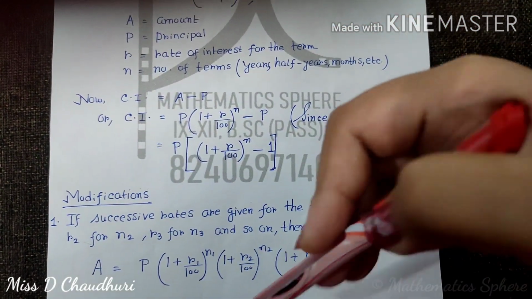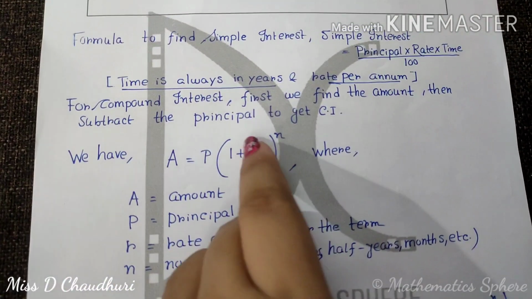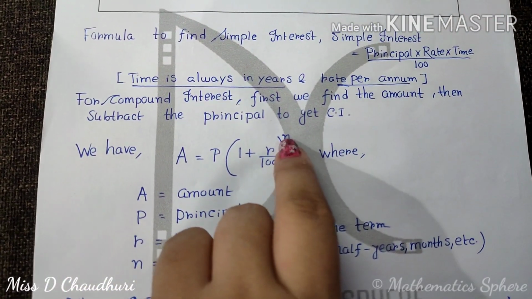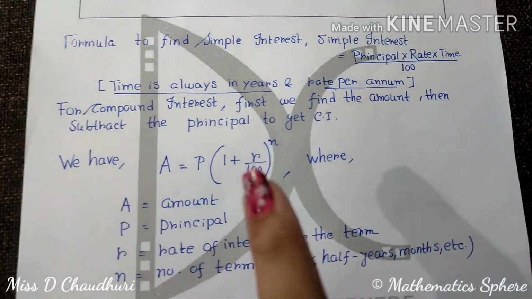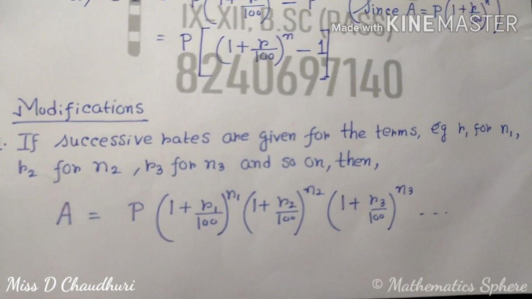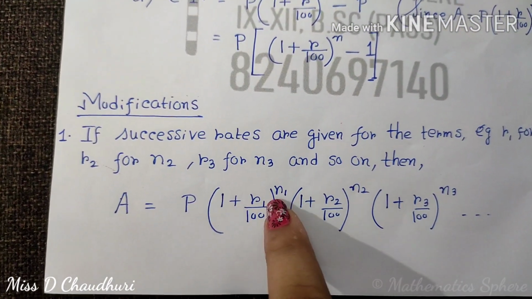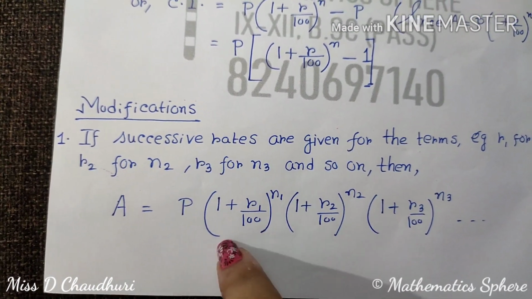Then you do the calculation. In case of a single rate, we take the whole thing under the power, means under the total number of terms. But here if they give you that the rate changes after a certain time, it may be 1 year, 2 years, whatever, so you will just change the formula accordingly.